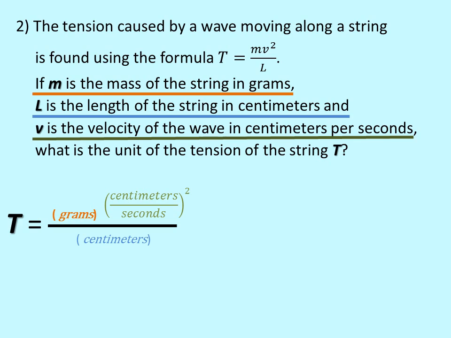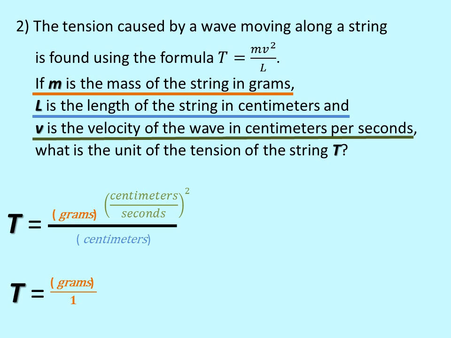Right below what you just wrote, let's come in and say T equals. I'm going to take grams and I'm going to turn grams into a fraction. So in other words, because it's in the numerator, the 1 goes in the denominator, and I have that. The centimeters per second is already a fraction, and I'm squaring it. Now that means I'm squaring the whole fraction.